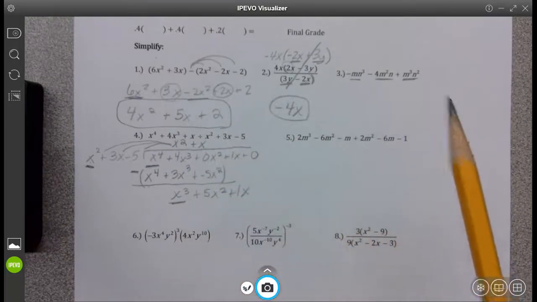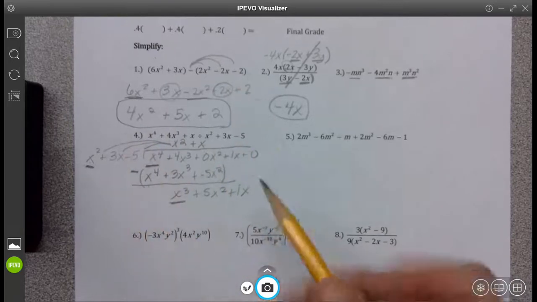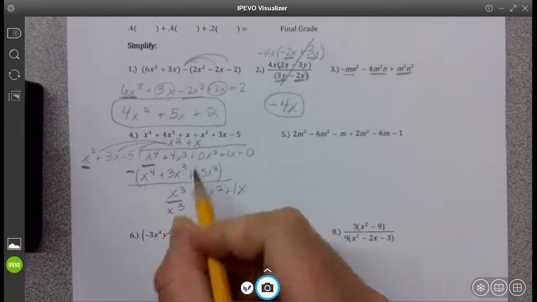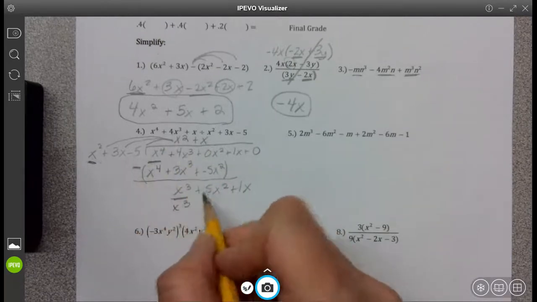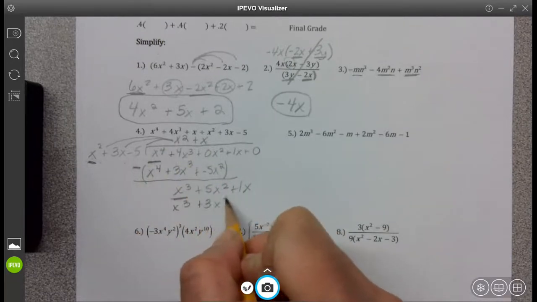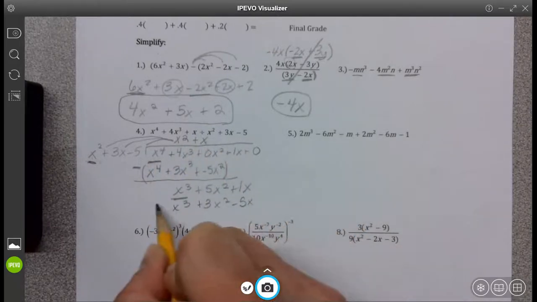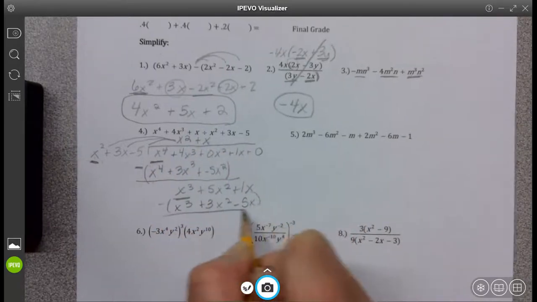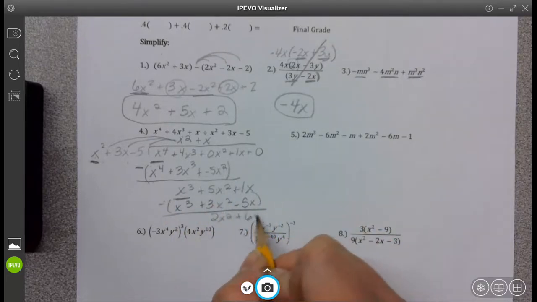So x times x squared is x cubed. X times 3x is 3x squared. X times negative 5 is negative 5x. X's cancel. 5 minus 3 is 2. 1 minus minus 5 is 6.